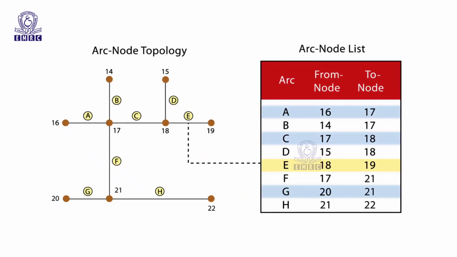Therefore, the computer can determine that it is possible to move along arc 1 and return into arc 3, while it is not possible to move from arc 1 to arc 5, as they do not share a common node.